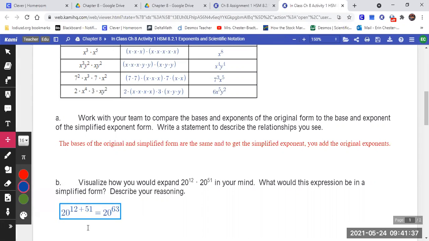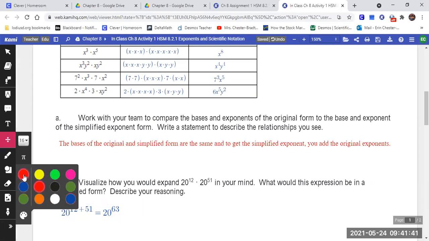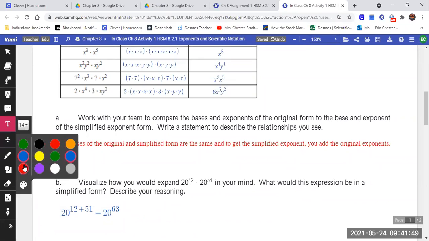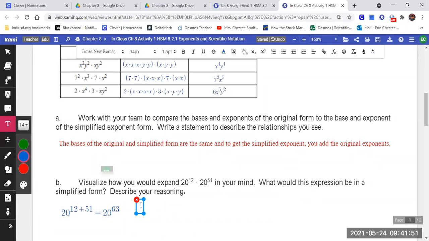Okay. So now we have to describe our reasoning. Okay. First, how would you visualize this? The simplified form of.